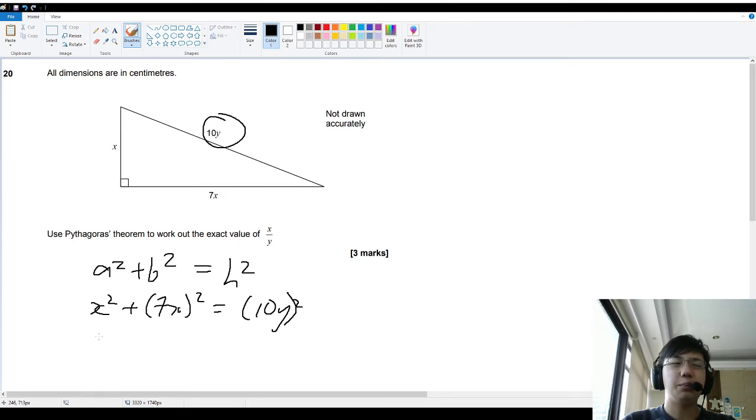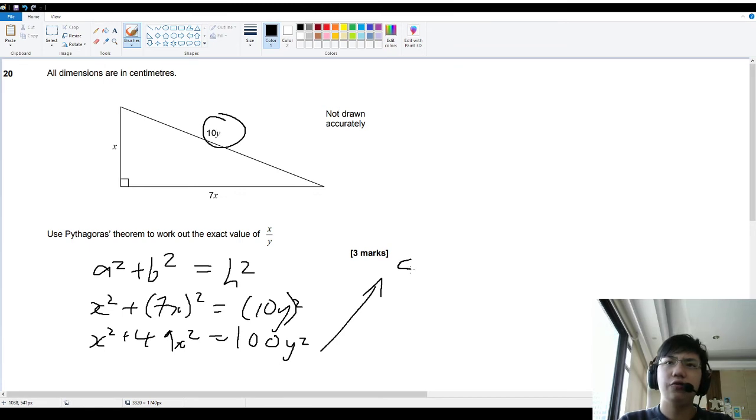Given this, we can expand the bracket. So x squared plus 49x squared equals 100y squared. So 50x squared equals 100y squared. So what we can do is divide both sides by y squared, so x squared over y squared, and divide both sides by 50 as well.